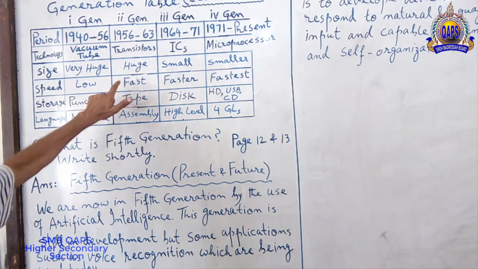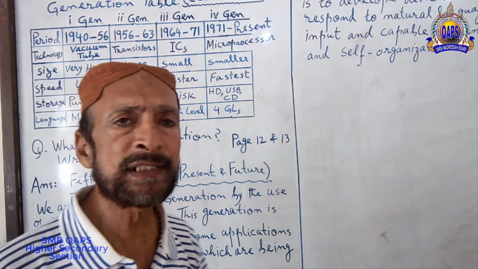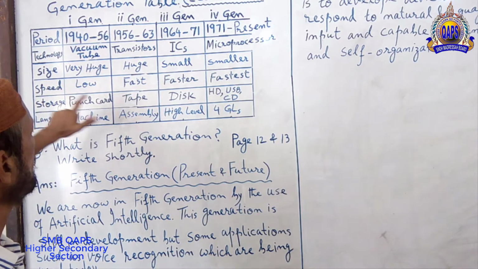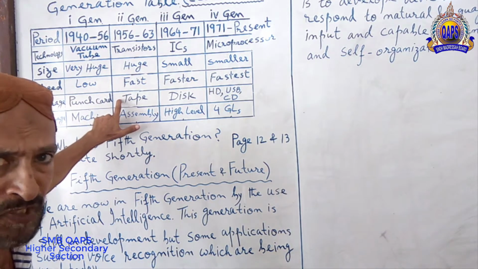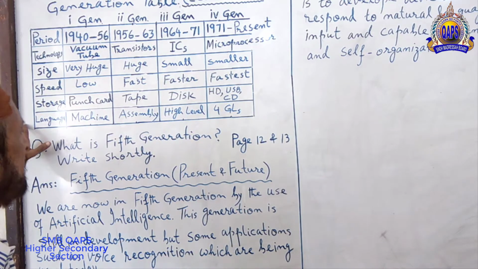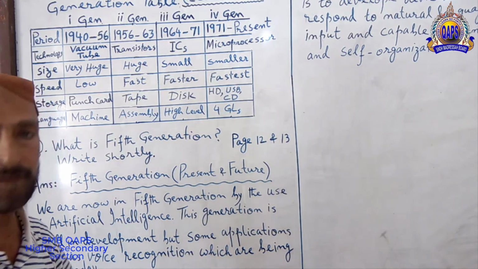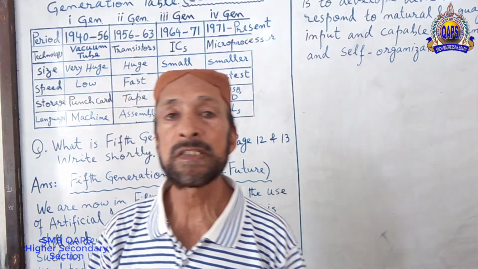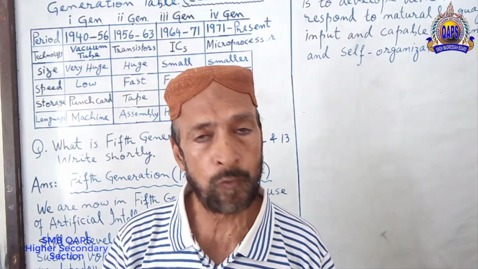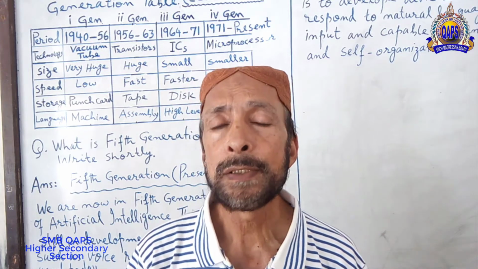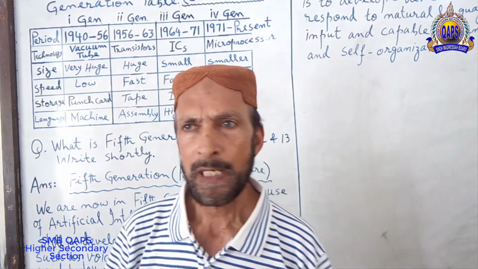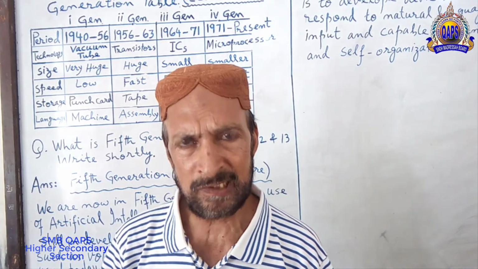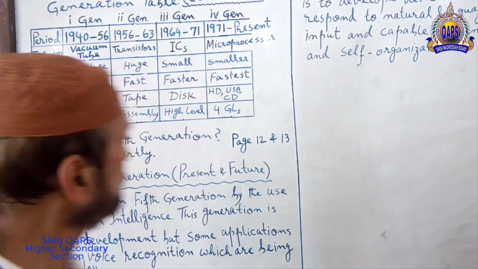Speed faster than the first generation. Storage, magnetic tapes. Language, assembly language. Assembly language is written in the form of codes which are called mnemonics. Anyway, I will let you know about the mnemonics later on.